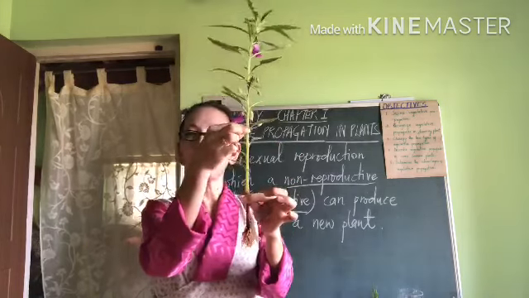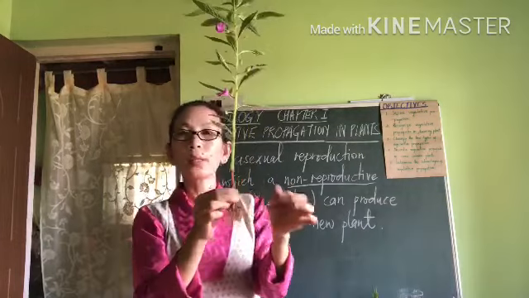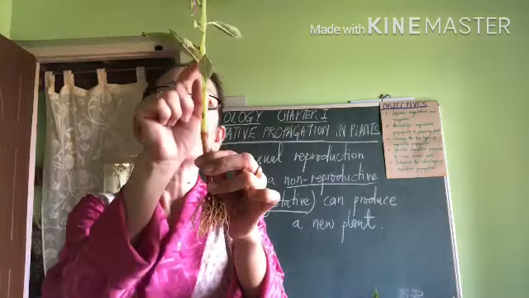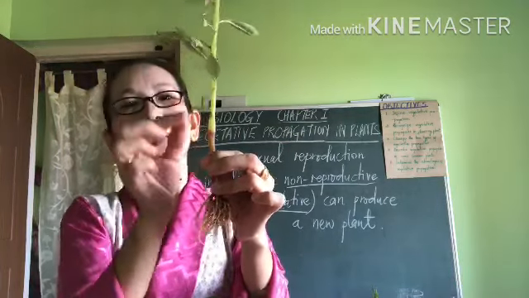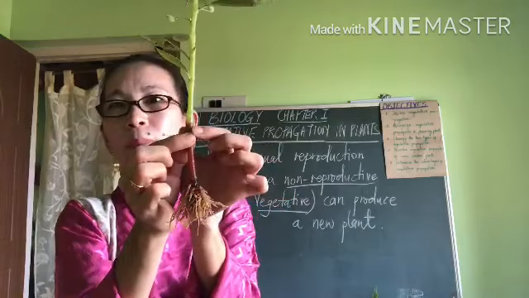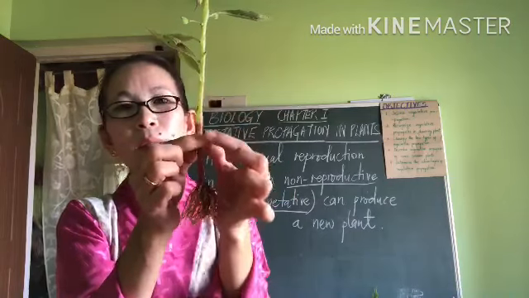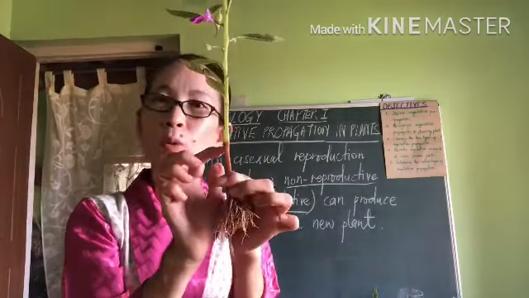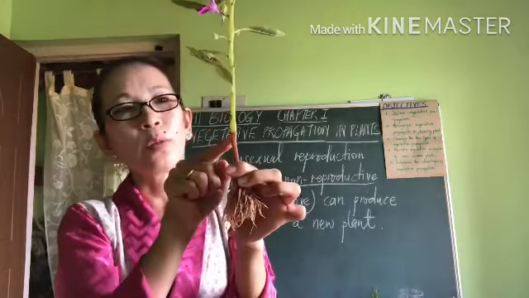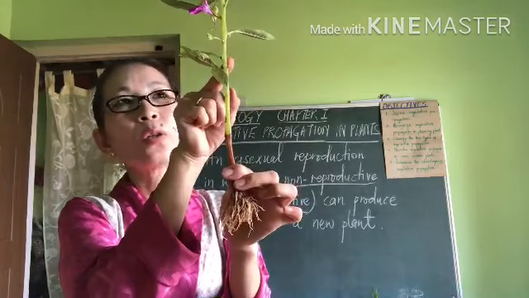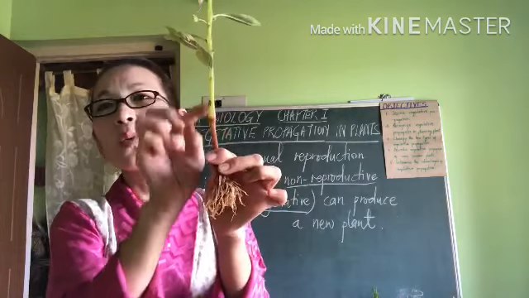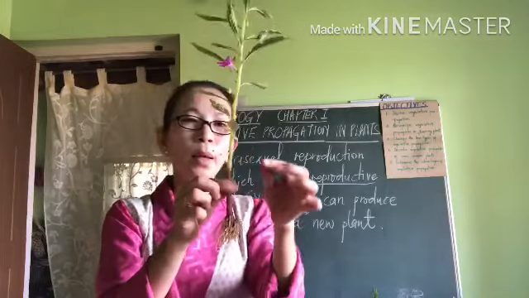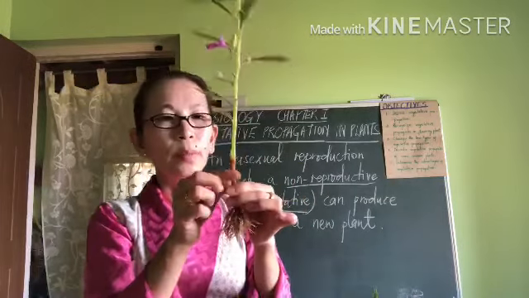Then we have the stem, and on the stem, if you look closely, we have these very unique structures. You might be able to see some kind of bulbous structure. These are the structures which we call nodes. So you have a node over here, you have another node, and the region between two nodes is an internode, which is a very characteristic feature for any stem.